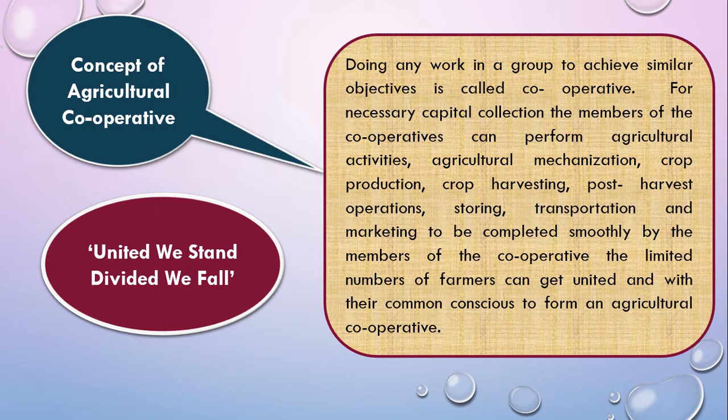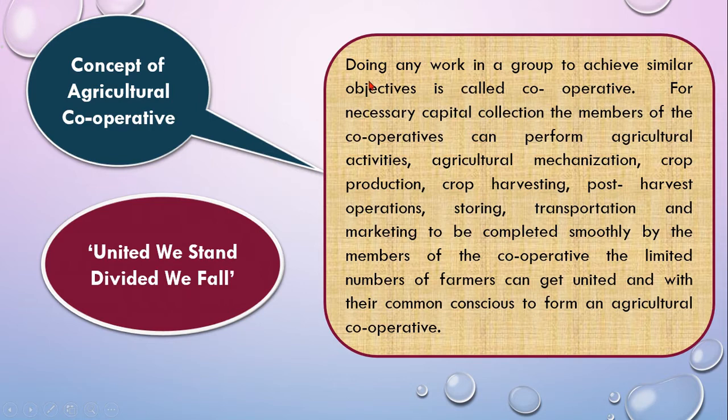So we stand very strongly. In our country, farmers are very marginal and poor, and that is why they need to be united. In that circumstance, when the farmers are united together, that is called the agricultural cooperative.